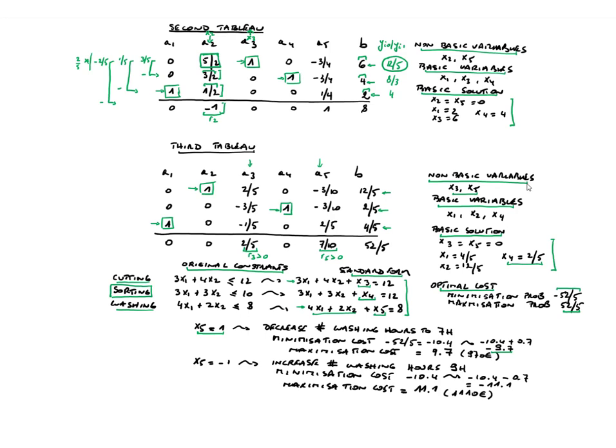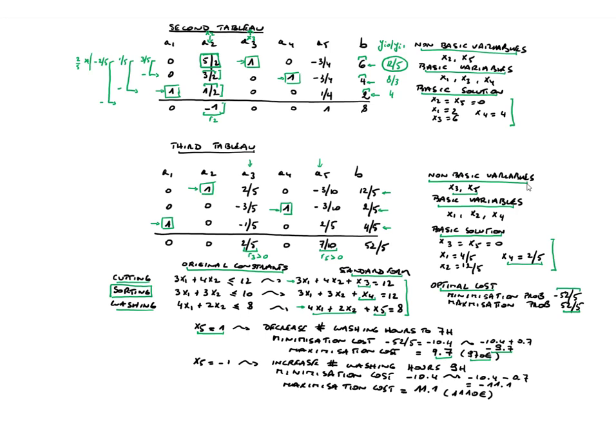So this means that the maximization cost will go to 9.7, right? Do not forget that we have to multiply by 100, so this corresponds to 970 euro.